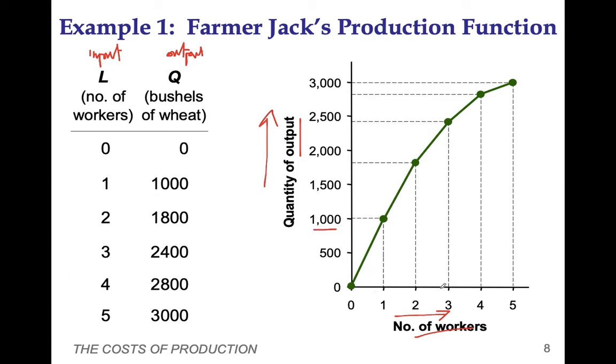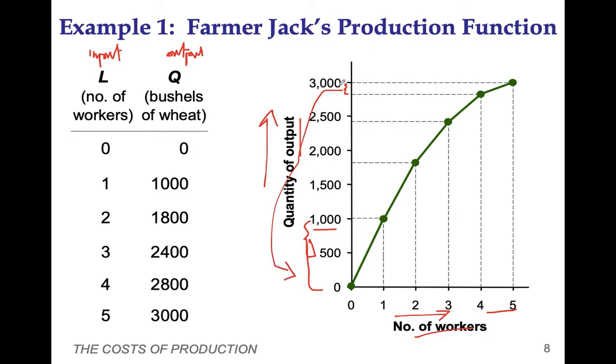But worker number 5 could produce only this small quantity of wheat, which, as you can see from the graph, is lower than the production of worker number 1, if we compare these two.